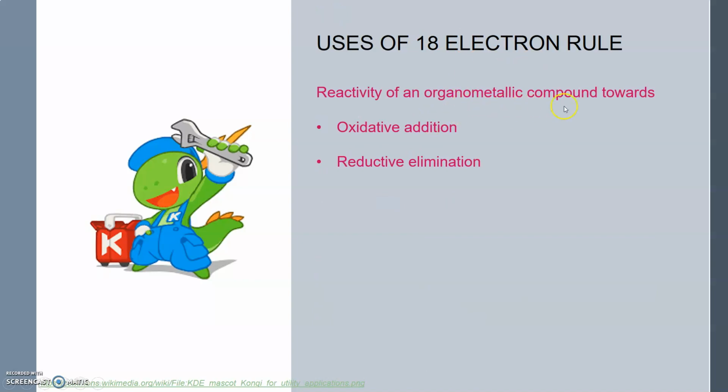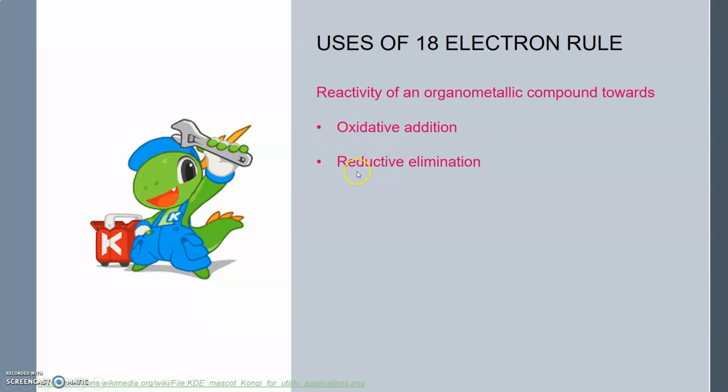The reactivity of an organometallic compound towards oxidative addition or reductive elimination can be found based on the 18 electron rule. Suppose you come across an organometallic compound and you want to check whether it is reactive towards oxidative addition or towards reductive elimination. How will I check?